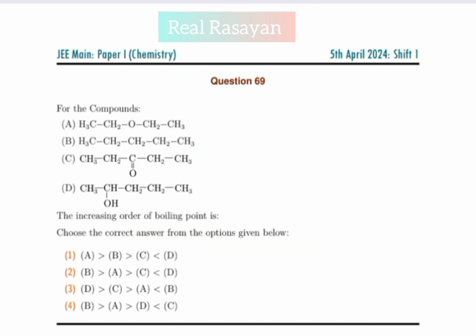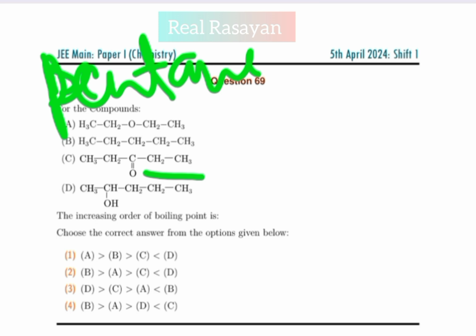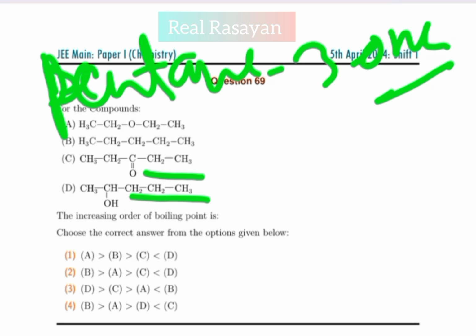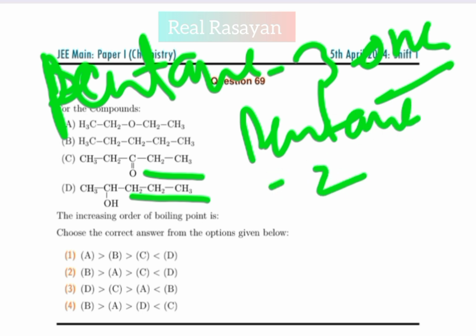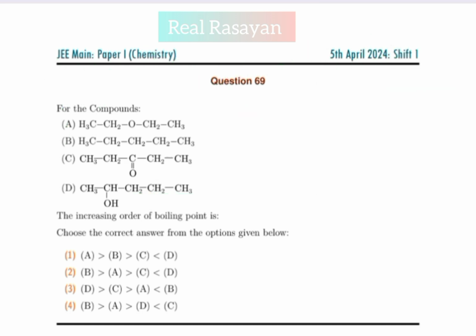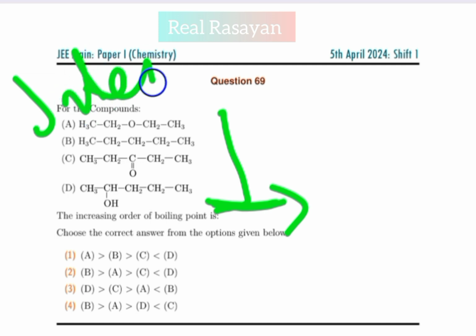And the next one is pentan-3-one. This is an example of ketone. And the next one is the alcohol, pentan-2-ol. So these compounds have different types of intermolecular interactions.